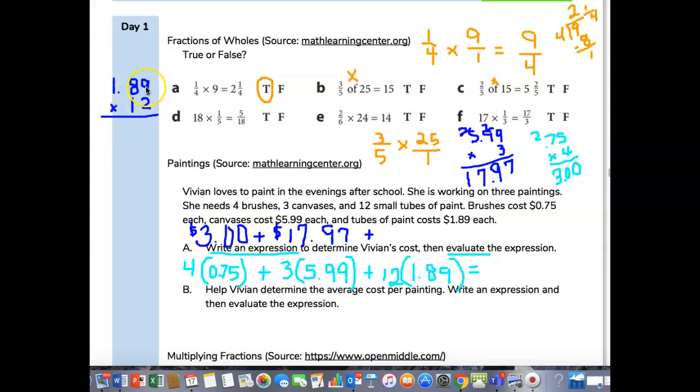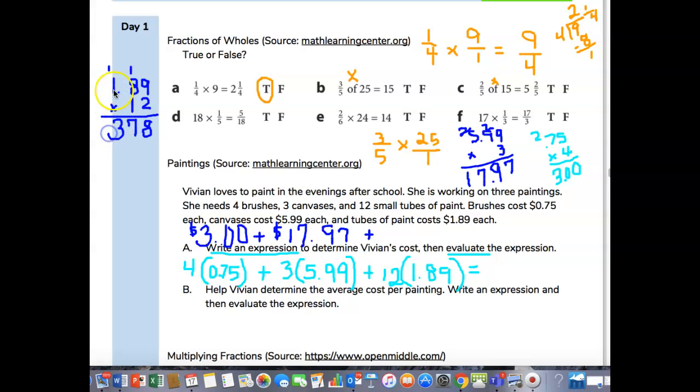All right, so 2 times 9 is 18. Put down your 8, carry your 1. 2 times 8, 16, plus 1, 17. Put down your 7, carry 1. 2 times 1 is 2, plus 1 is 3.